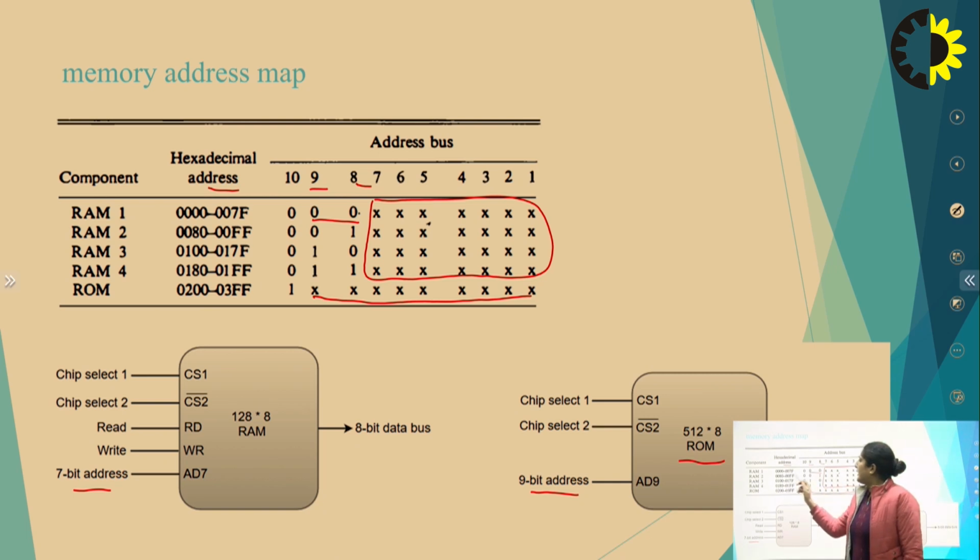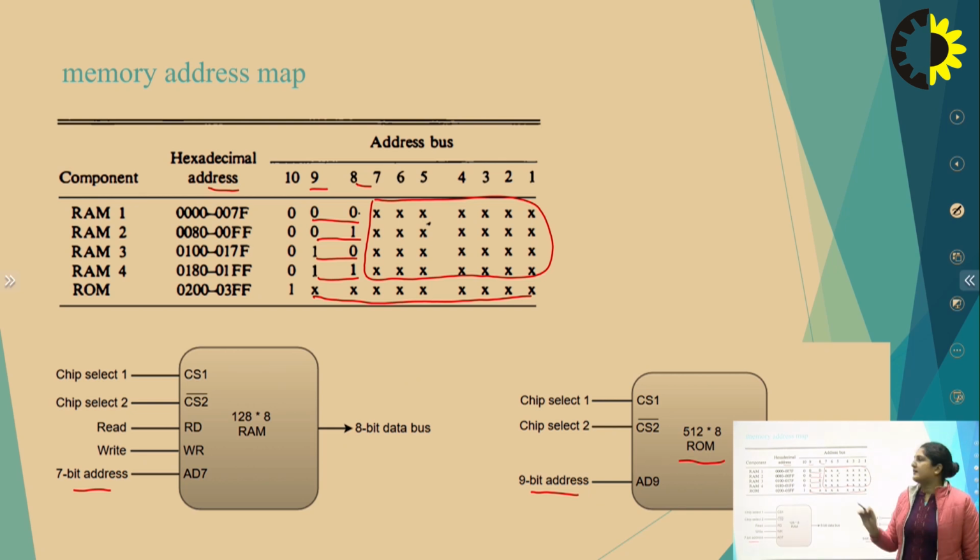Similarly, for RAM 2, the 9th and 8th bits should be 0, 1. For RAM 3, the 9th and 8th bits should be 1, 0. For RAM 4, the 9th and 8th bits should be 1, 1. So this is how we are going to choose among these 4 RAMs.